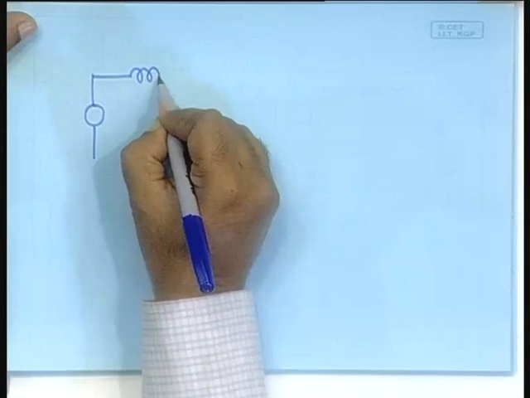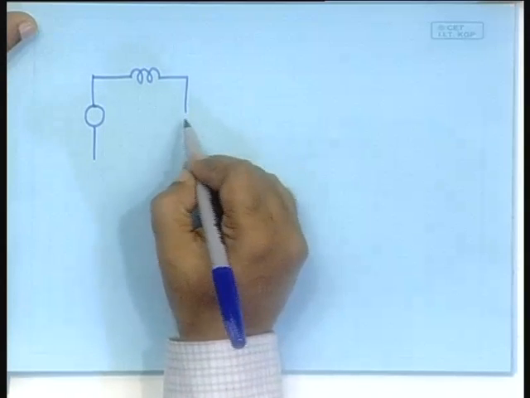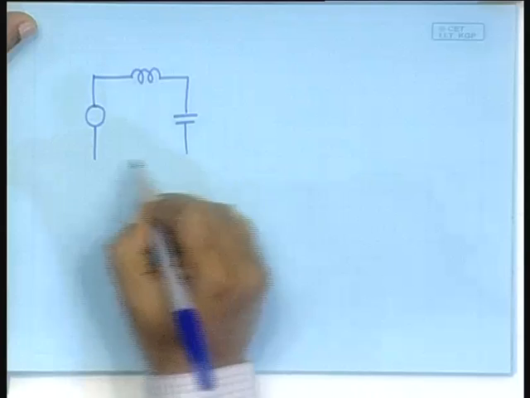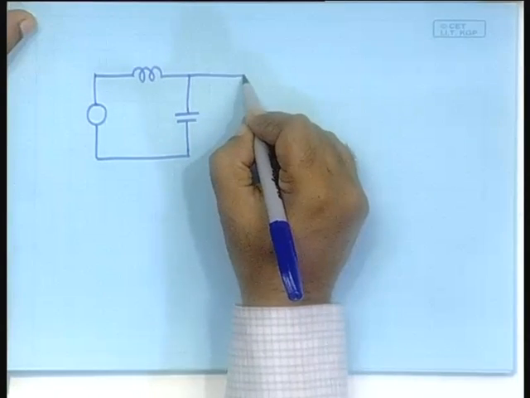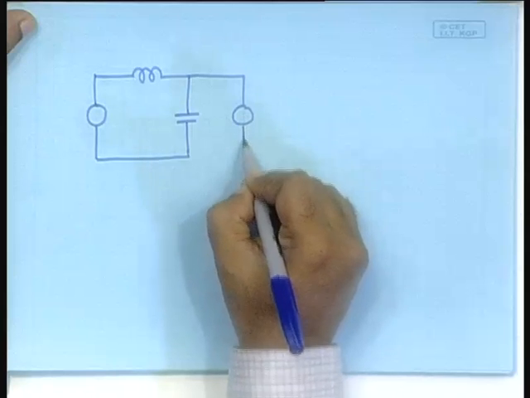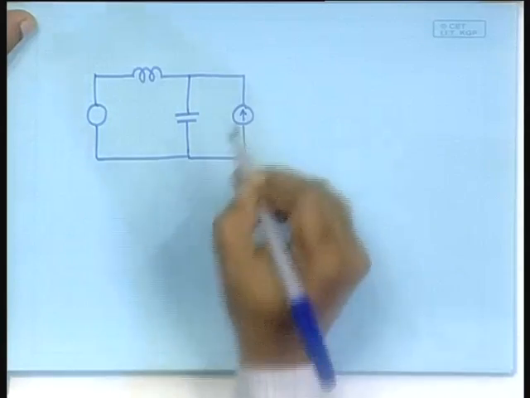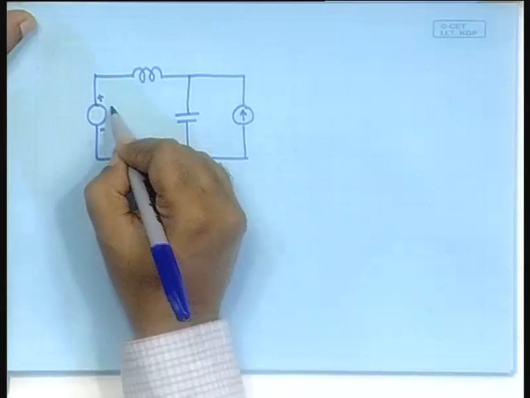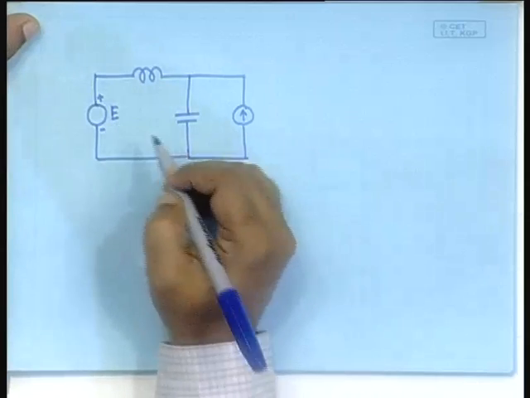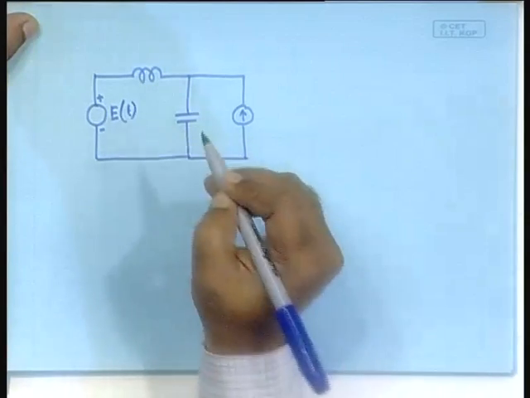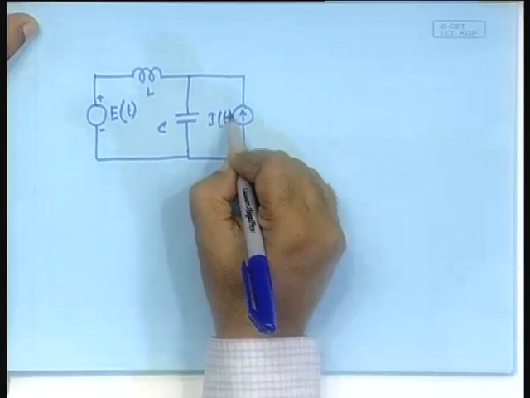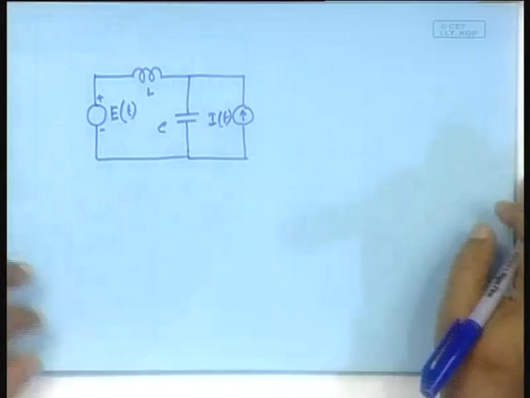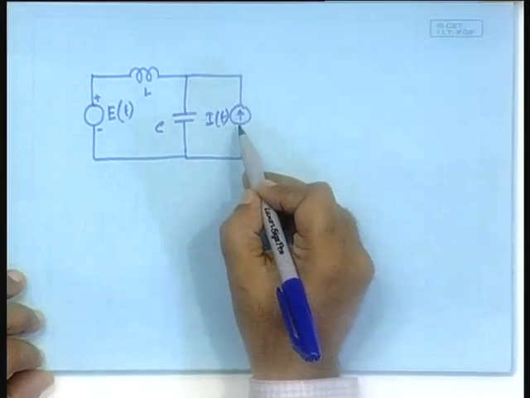First it is an inductor, then we have a capacitor, and then we have, say, a source of flow. This is E of t, L, C, this is I of t. This is a source of flow.